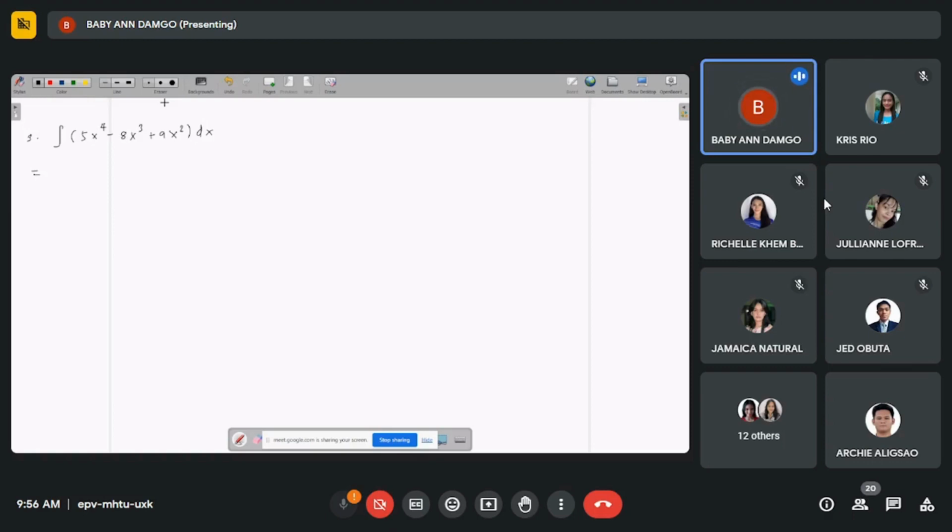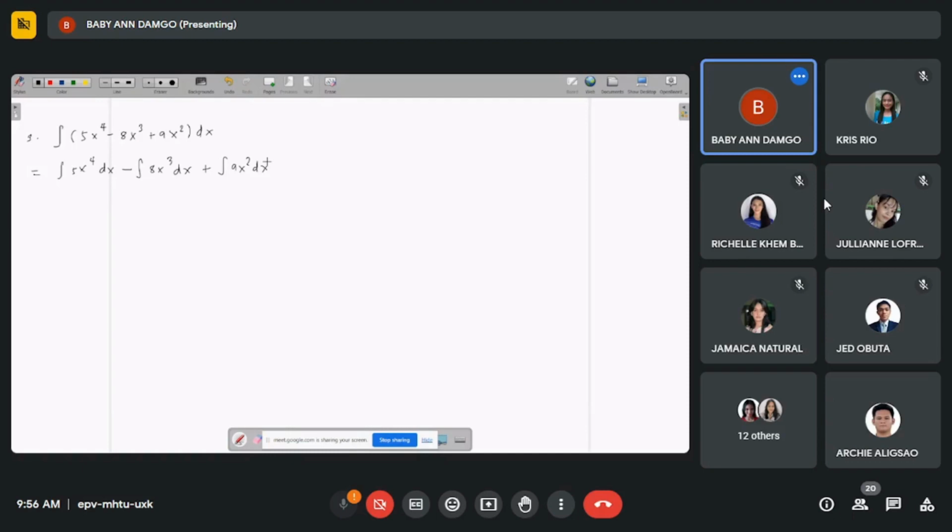So, we have here the integration of 5x to the 4th dx minus the integration of 8x cubed dx plus the integration of 9x squared dx. Okay? So, pagawas na to ang constant.